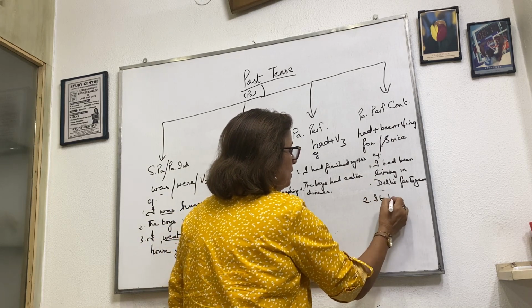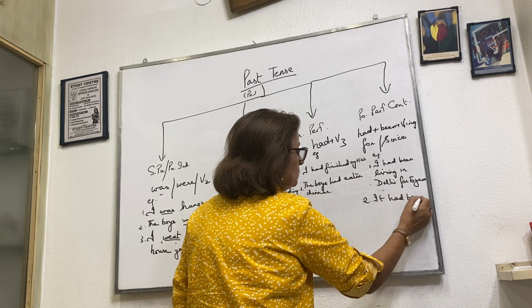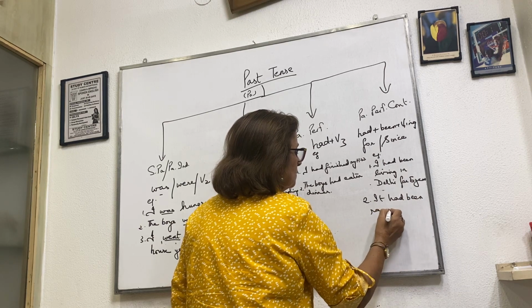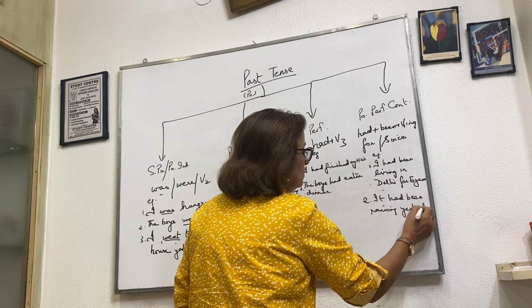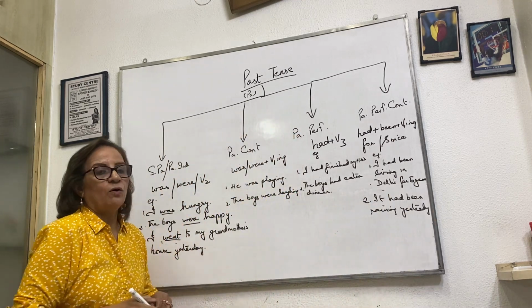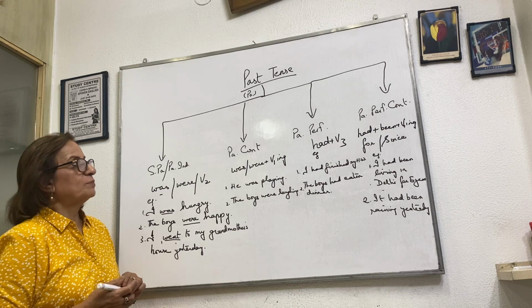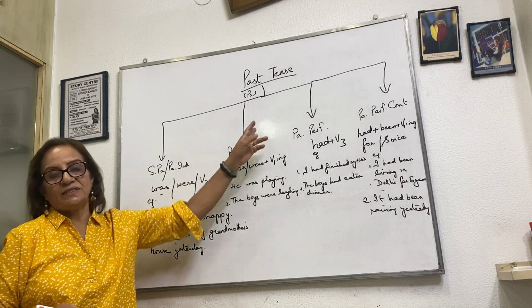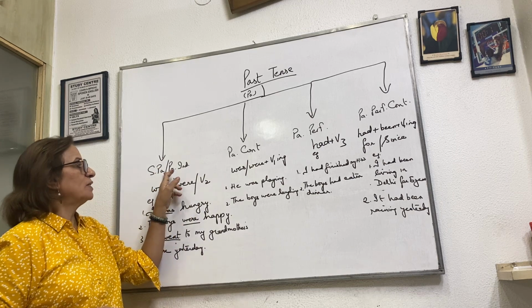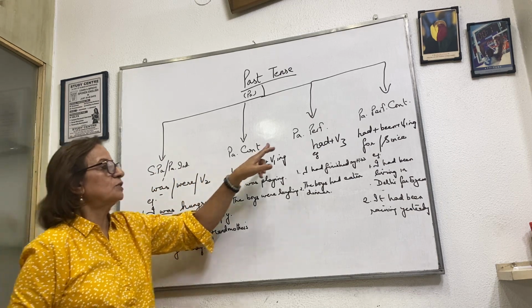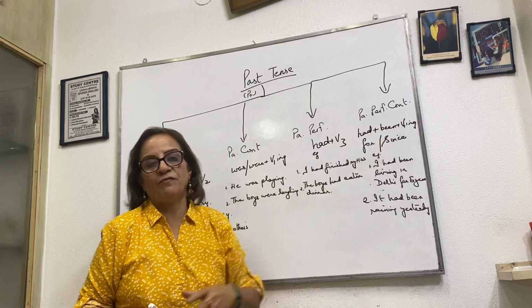It had been raining yesterday. Okay, so these are the examples of the different kinds of past tense sentences. Simple past, past indefinite, past continuous, past perfect and past perfect continuous.